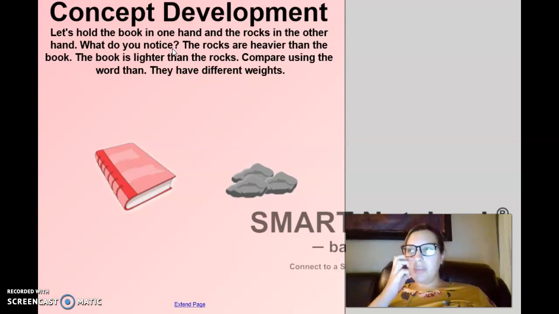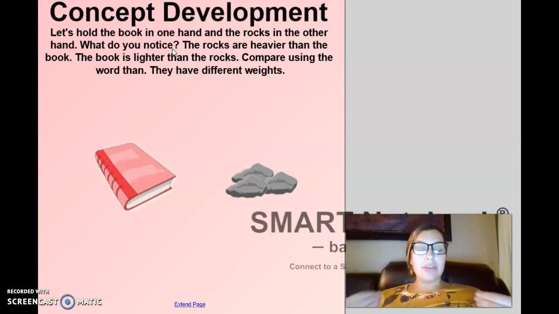So I'm telling you, the book is lighter than the rocks, or the rocks are heavier than the book. They have different weights, so that's why we use the word "than." And since they have different weights, we can figure out if they're heavier than or lighter than one another.